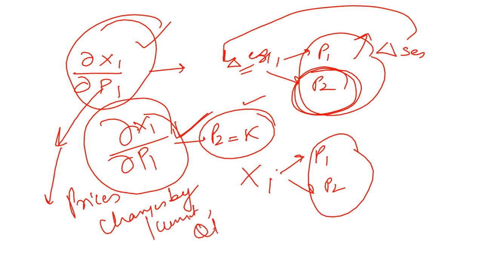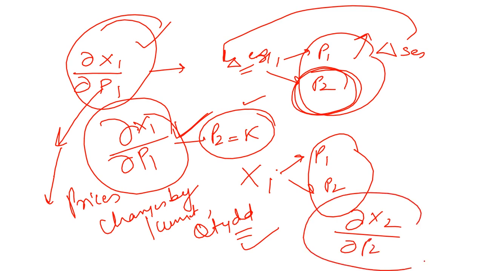Similarly, del x2 by del p2 shows how the quantity demanded of good 2 changes if the price of good 2 changes.